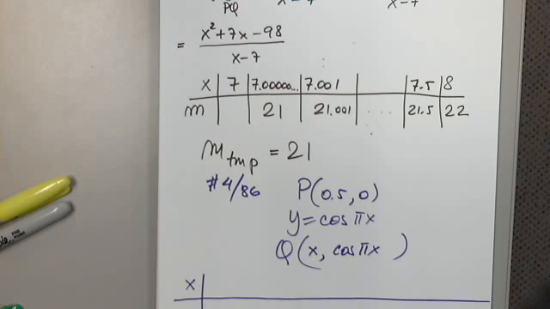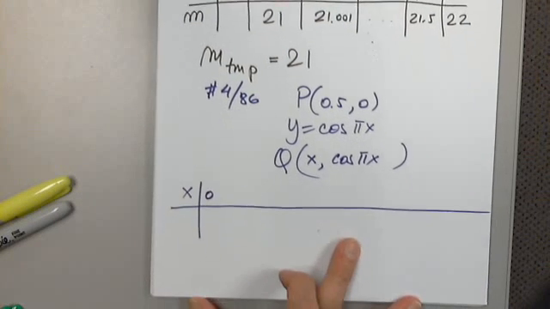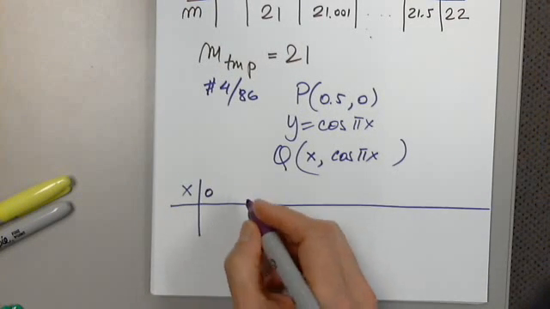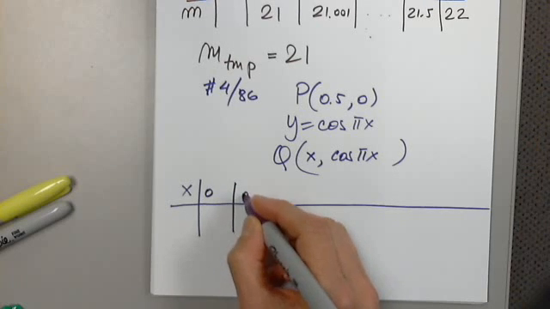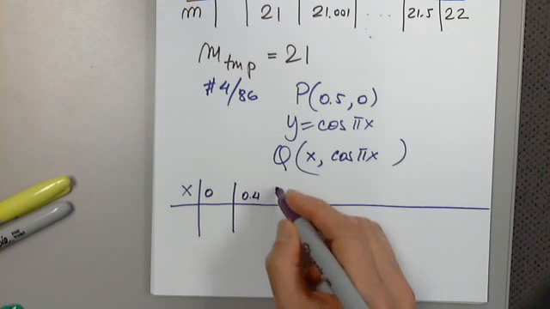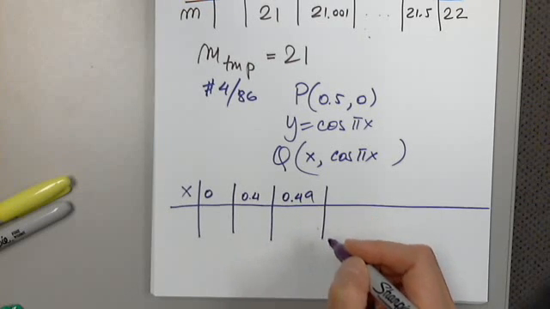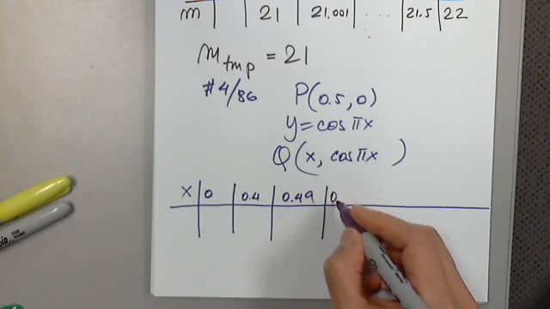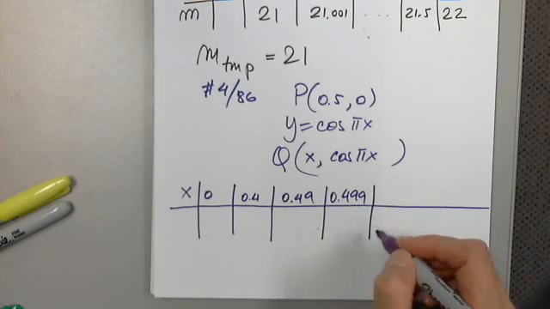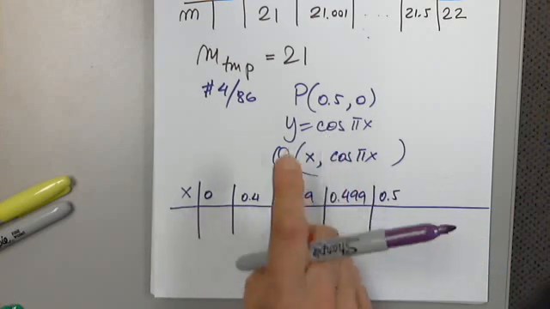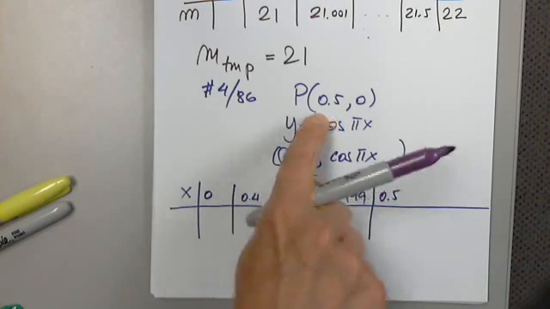So, 0 is the first one. The next one in line is 0.4. Next one is 0.49. Next one is 0.499. Of course, the next one is our 0.5.